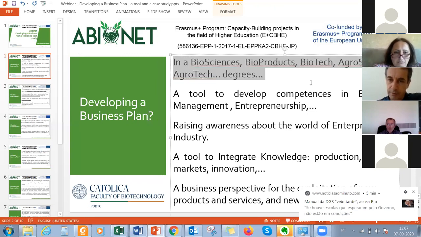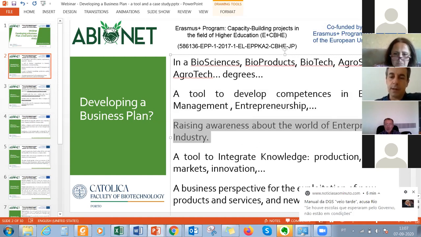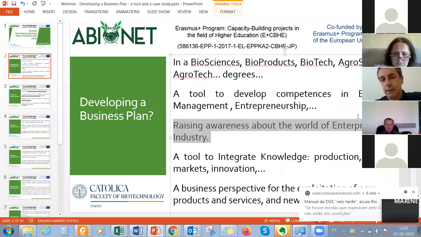So we use it in different degrees. We use it as a tool to develop competencies in business and management and entrepreneurship in a way that we could integrate those competencies with the competencies the students already have in their background area. We use it to raise awareness about the world of enterprises and the world of industry.